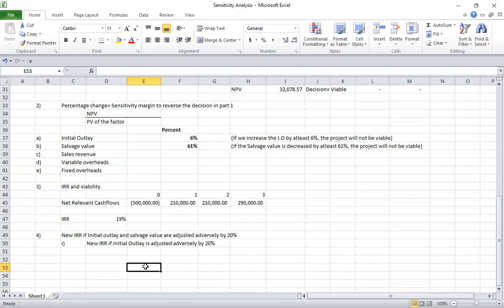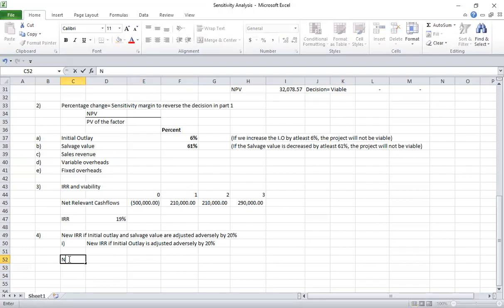You know the initial outlay is money which we will spend. Adjusting it to the bad means that we increase that expenditure. So adjusting the initial outlay by 20% means that we increase the initial outlay by that 20%.